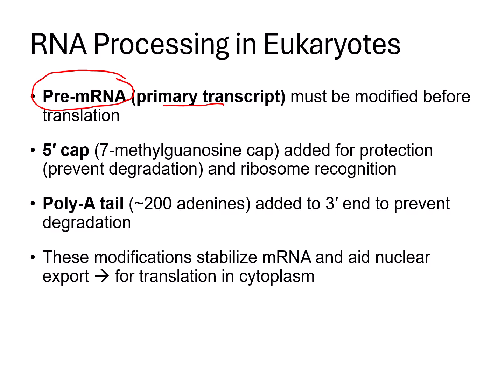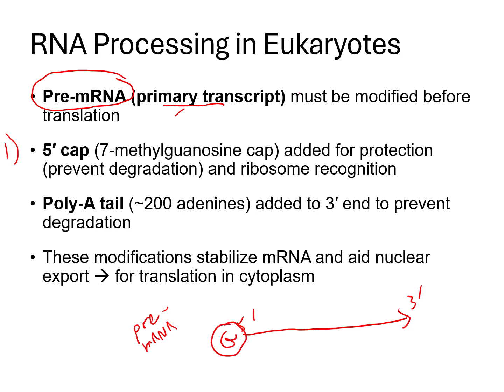So 3 things have to happen, including 1, adding a 5' G cap. So if this were my messenger RNA, I would have to add a 5' G cap on the 5' end, and a poly A tail, so a bunch of A's on the 3' end, and these help prevent degradation of my messenger RNA.